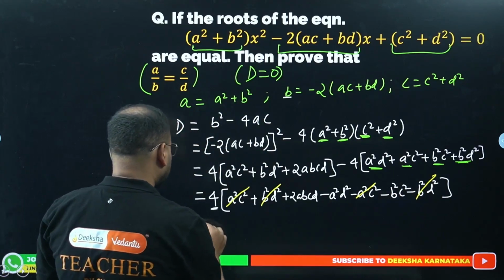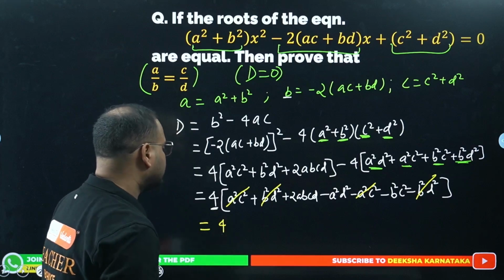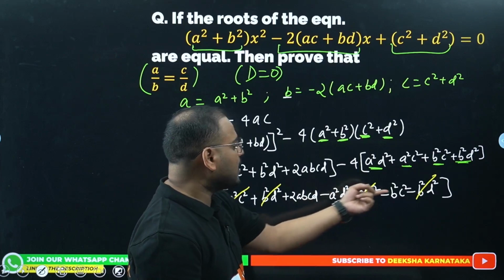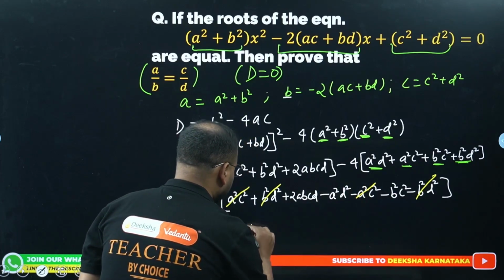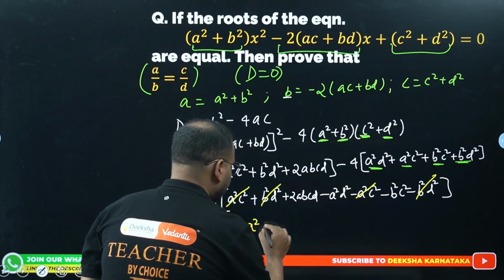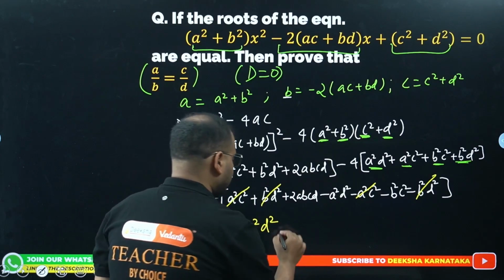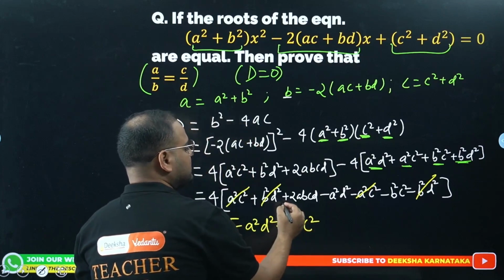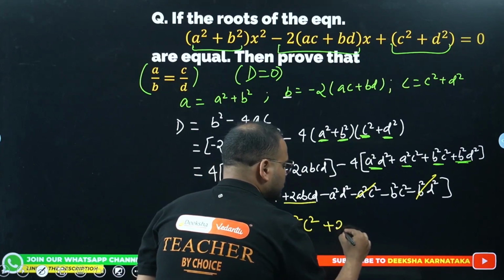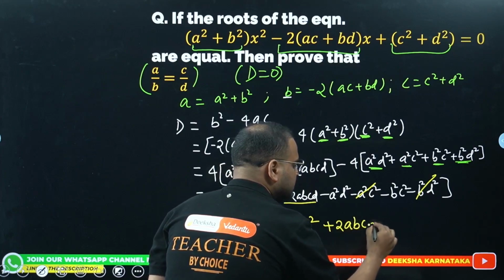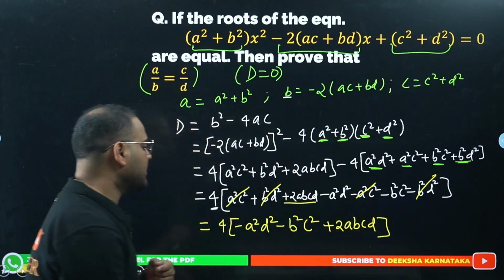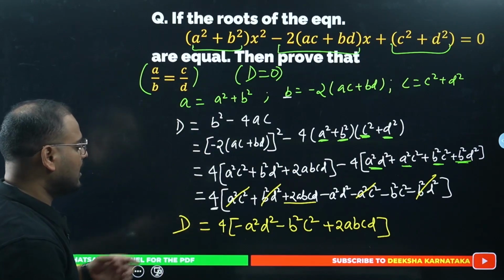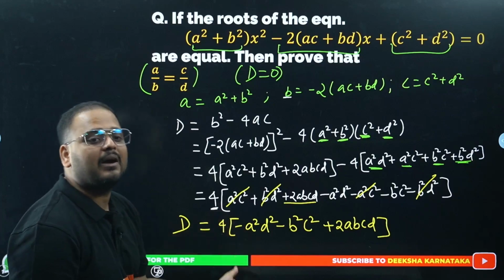Now what is left for us? 4 is left and I have minus a square d square minus b square c square plus 2abcd, bracket close. Okay, this is my discriminant value.